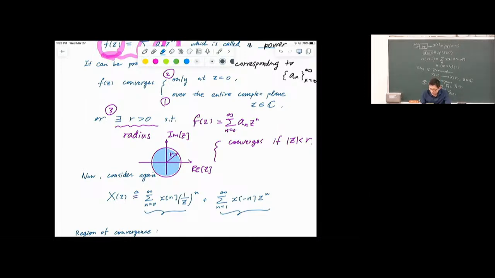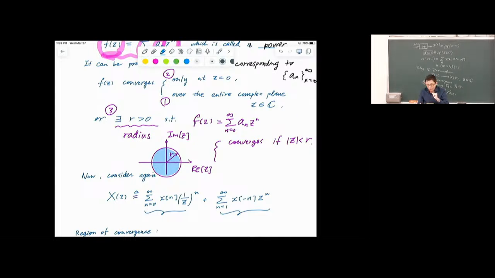If the power series does not converge over the entire plane, and we are not so unlucky, so unfortunate, that it only converges at z equals 0, then anywhere in between, the third case, this mathematical theorem, tells us that there exists a radius.